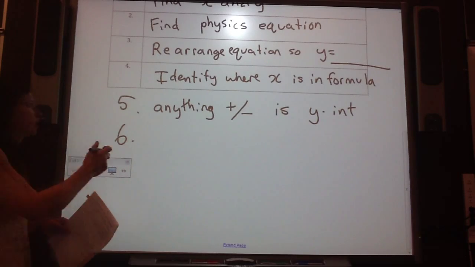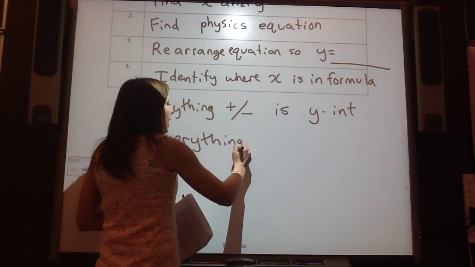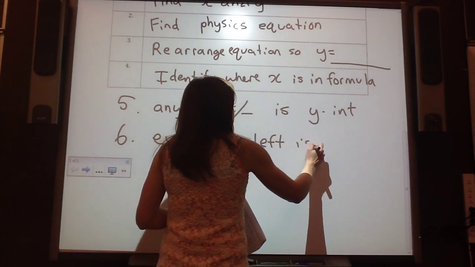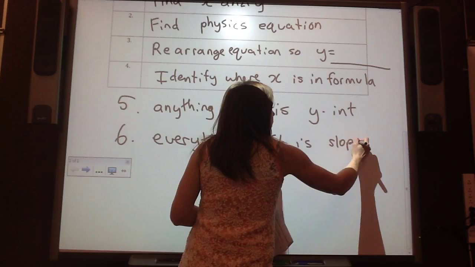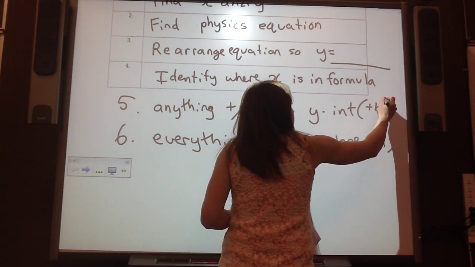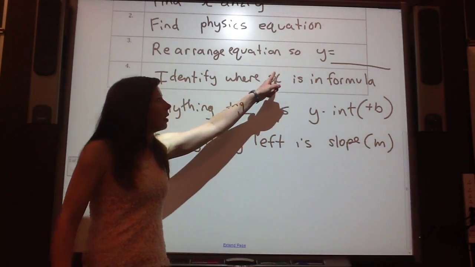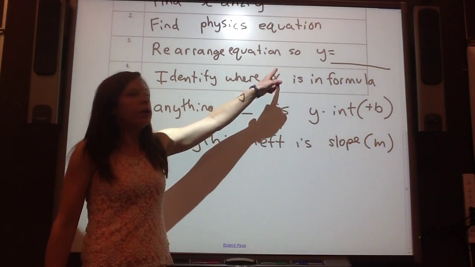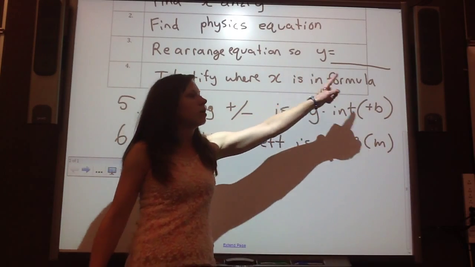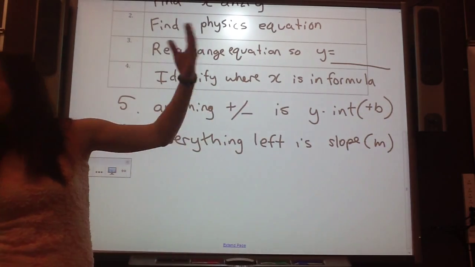And step 6, everything left is slope, or m, and then we'll just go plus b. Because if we've already found y and we've already found x, we have y equals mx plus b. That's why everything else left can be the m.